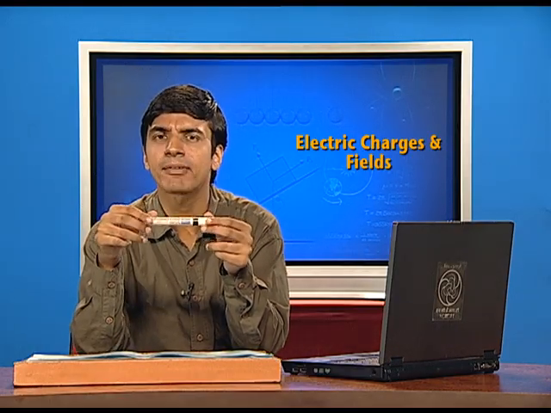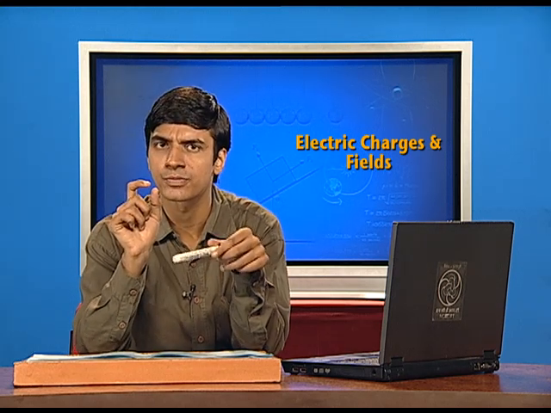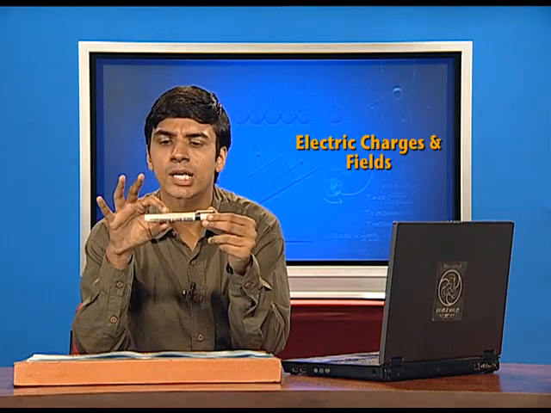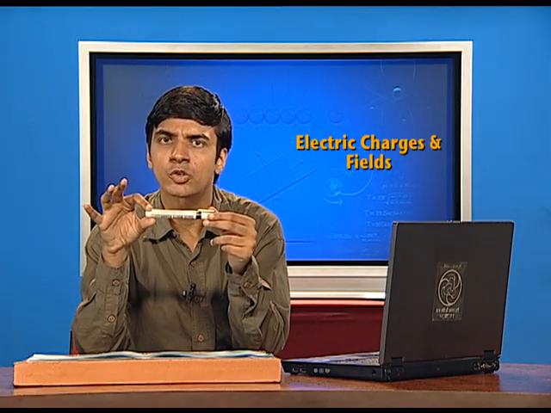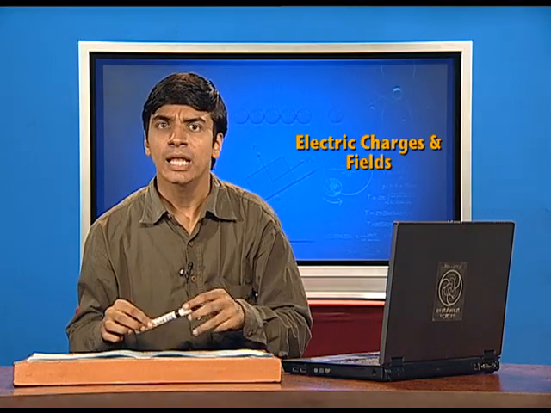So what I will get is some smaller rectangular boxes, and then there will be some charges residing over the area of those smaller boxes. So there will be some surface charge density. That surface charge density will deal with the charges that are residing over that particular area.